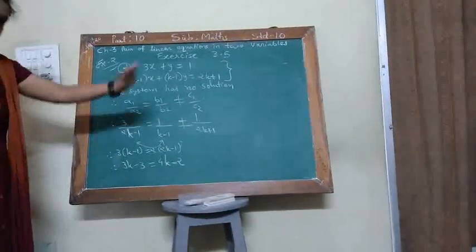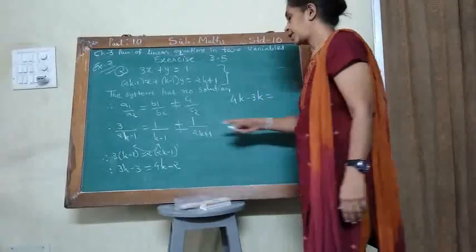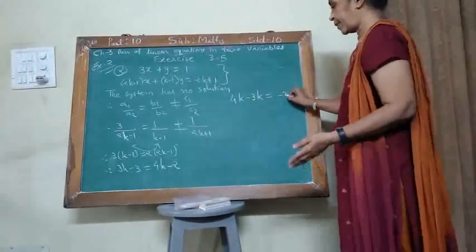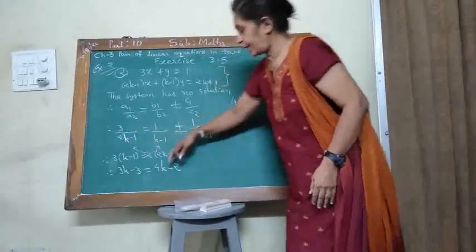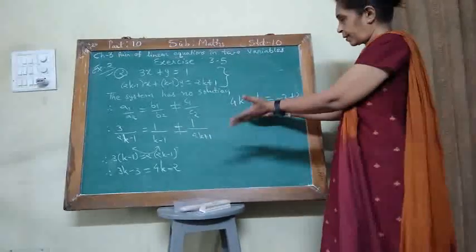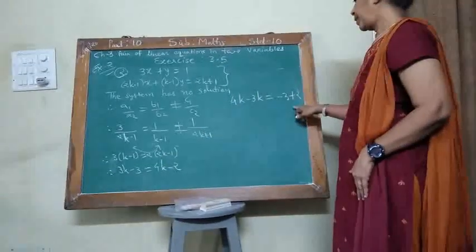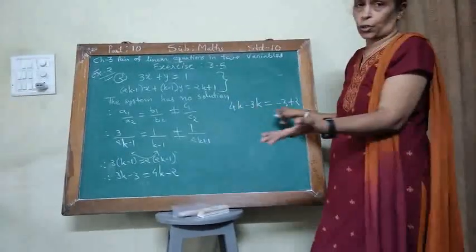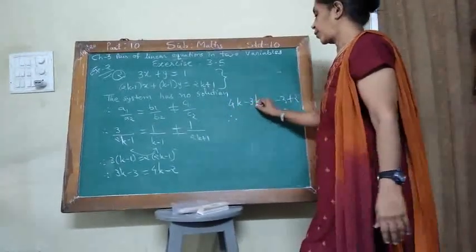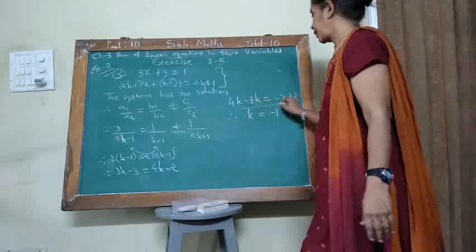And now I take this term on this side, so we get 4K minus 3K is equal to minus 3 plus 2. So K term I take here and constant term I take there. 4K minus 3K is equal to minus 3 plus 2. Right. And therefore 4K minus 3K is what? K. K is equal to minus 1.